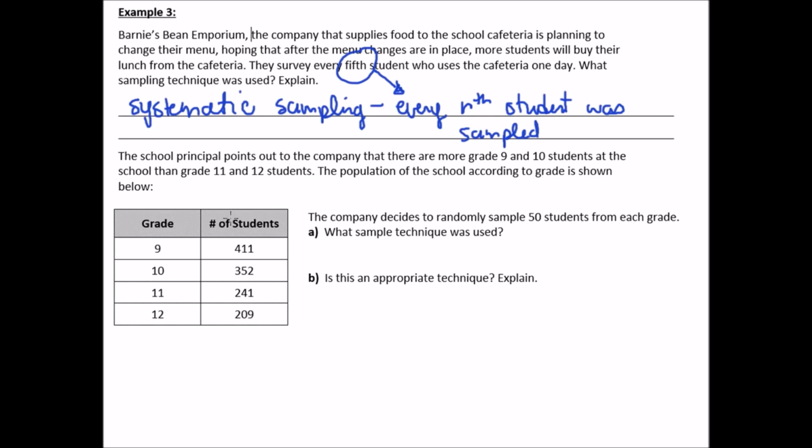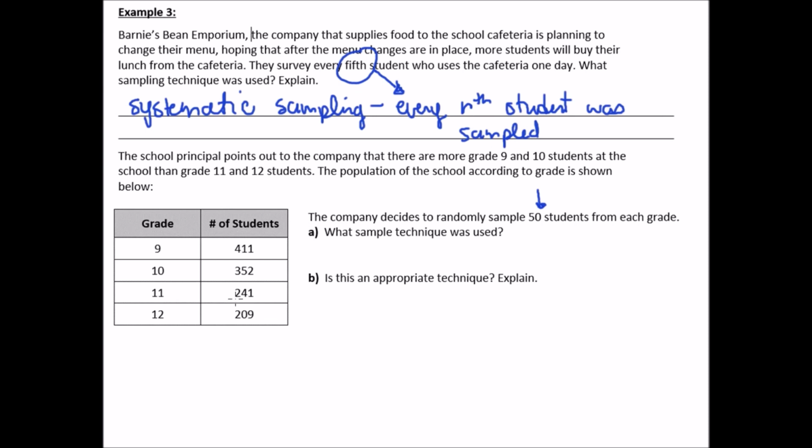So when we talk about first, they're randomly sampling 50 students from each grade. I just want to point out that you may initially think that, oh, grade 9, grade 10, grade 11, these are clustered or it's a stratified random sample, like these students are divided into grades, and then 50 students are surveyed from each.